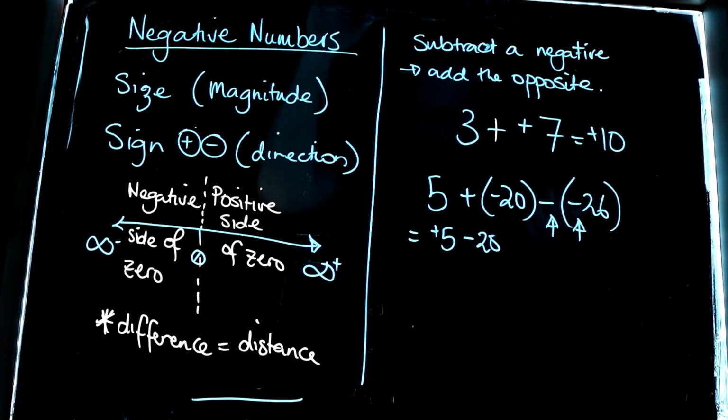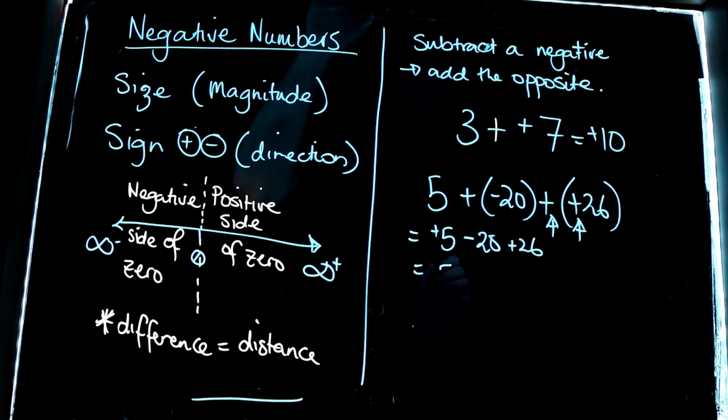Remember, they're just there to indicate that the 26 is a negative 26. So we've got this situation here where we're adding, in effect, the opposite, which is adding 26. So we can do whatever you need to do next. It's set up for you.